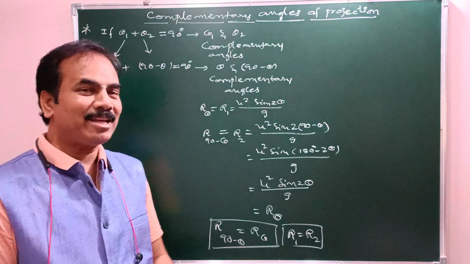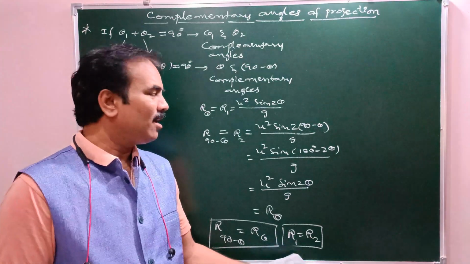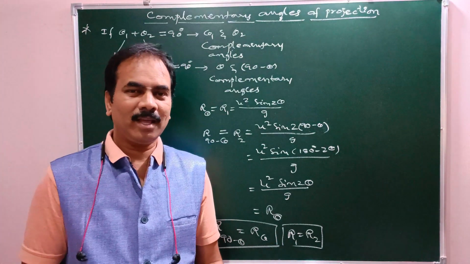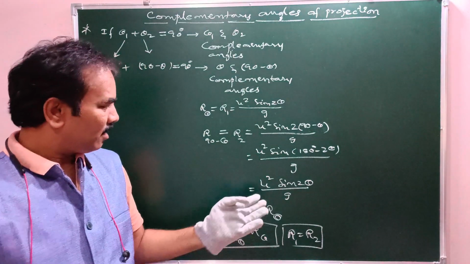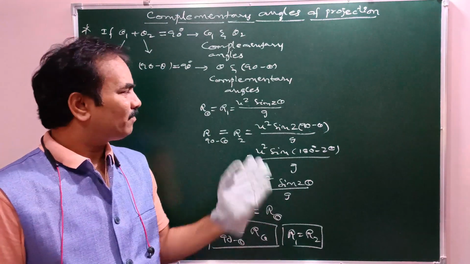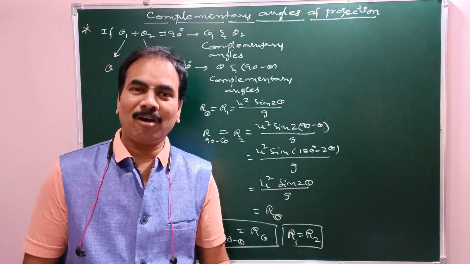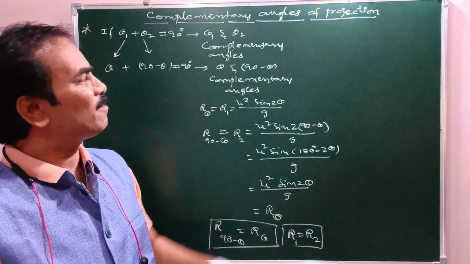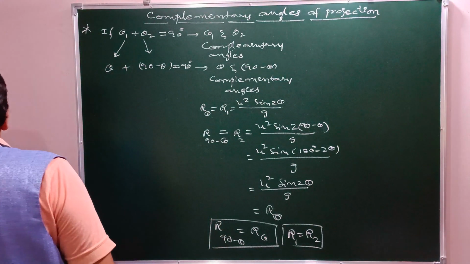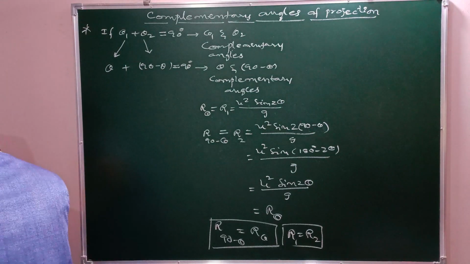That is R at 90 minus theta equals R at theta, otherwise R1 equals R2. That's the great result in case of range, for oblique projectile with complementary angles of projection.